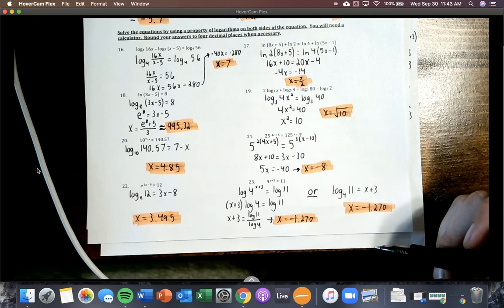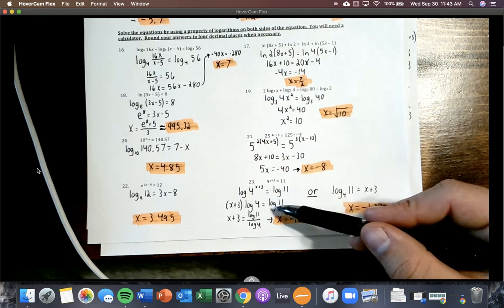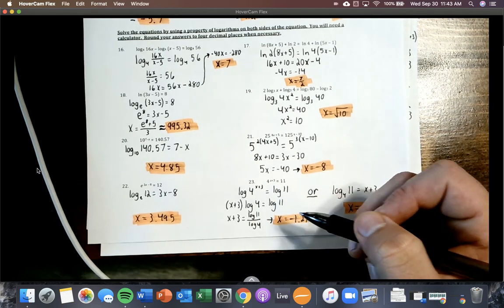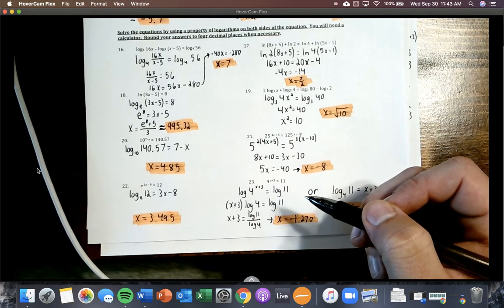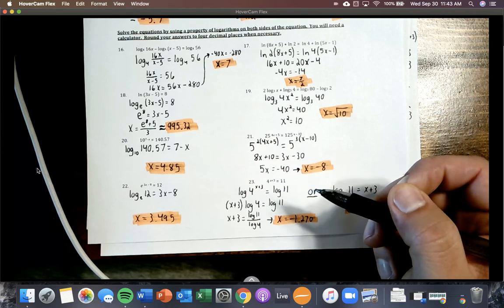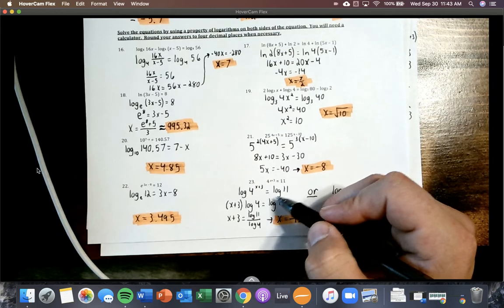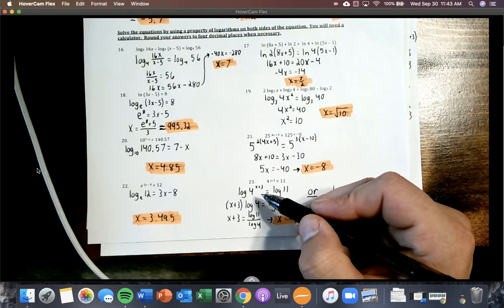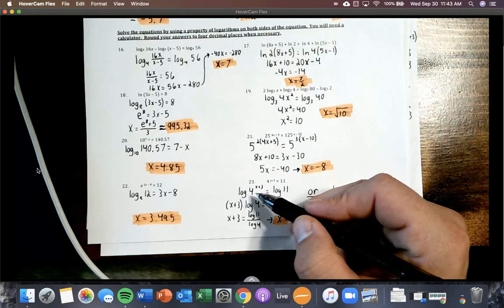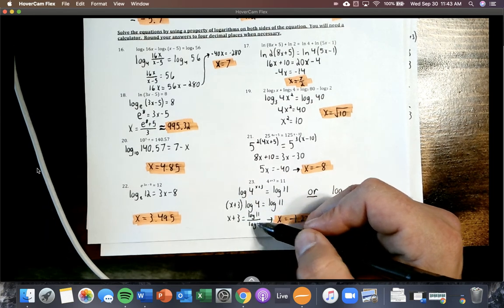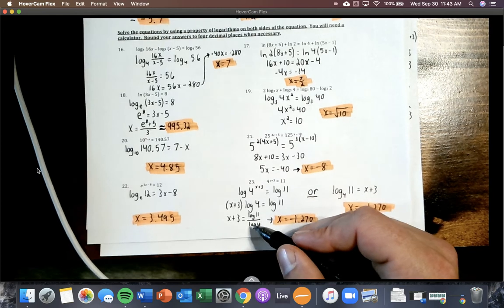But what you can actually do too is take the log of both sides, just like sometimes we multiply both sides by 2 or something like that. Then, because this is just a 4, we can pull that x plus 3 out and divide by log base 4.